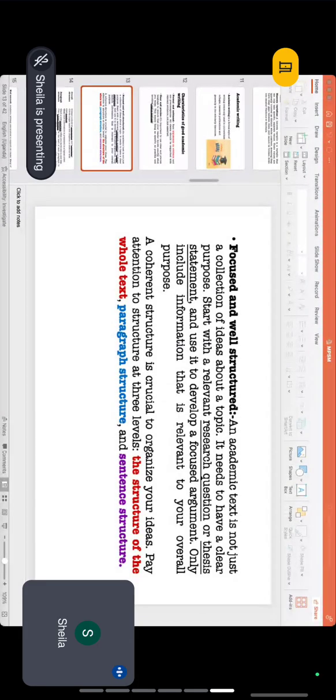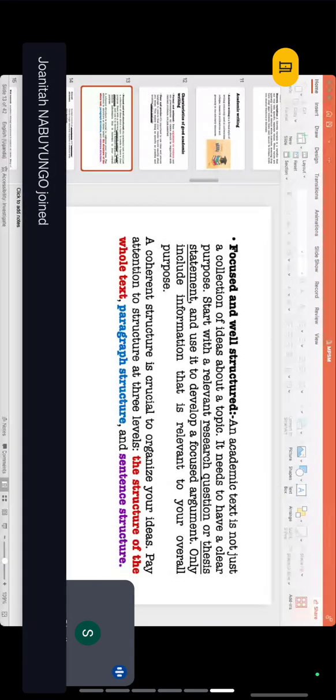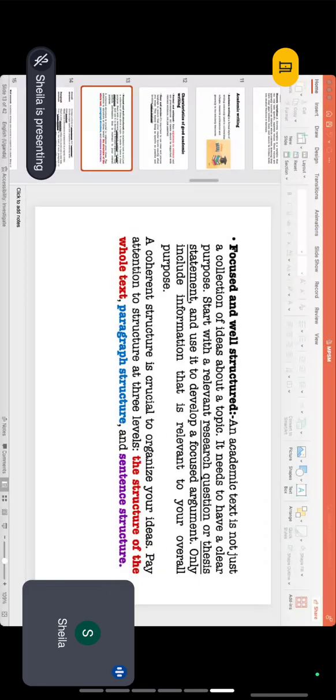We shall give examples on how these hypotheses are written, because some hypotheses may be directional. They could be written in such a way that they point to a positive or negative direction, depending on what we find in the literature. Or they could be non-directional.